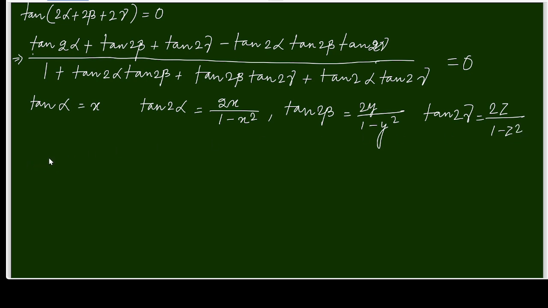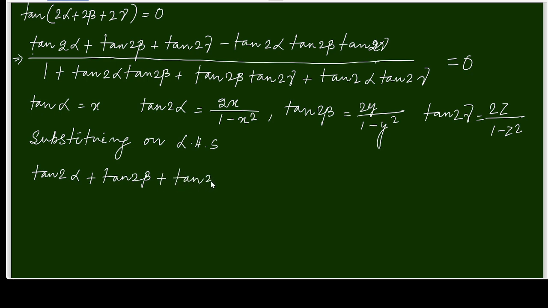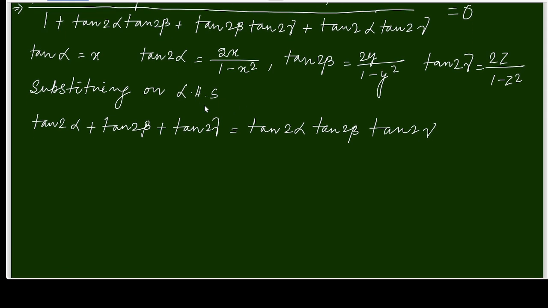So applying this on the left hand side, we'll get tan 2 alpha plus tan 2 beta plus tan 2 gamma equals tan 2 alpha into tan 2 beta into tan 2 gamma, as the denominator into 0 will be 0.